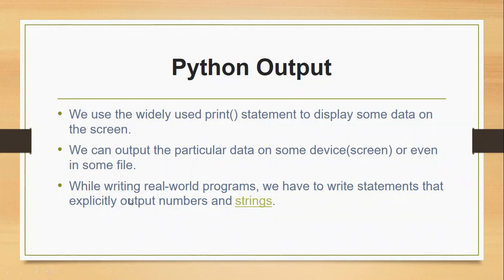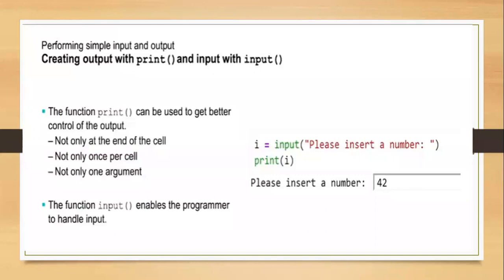While writing real-world programs, we have to write statements that explicitly output numbers and strings. And because we have talked about data types, every time I mention numbers and strings, we basically know what we mean.